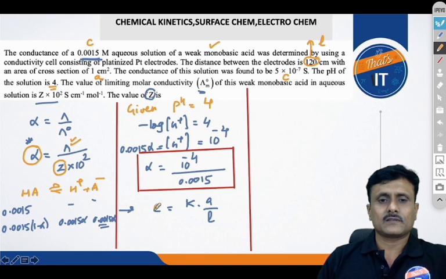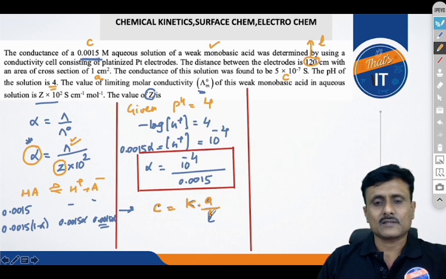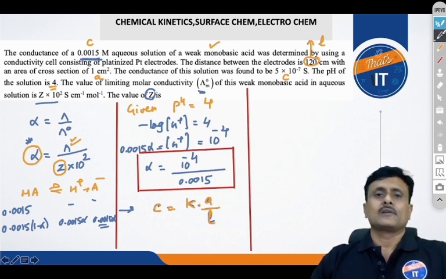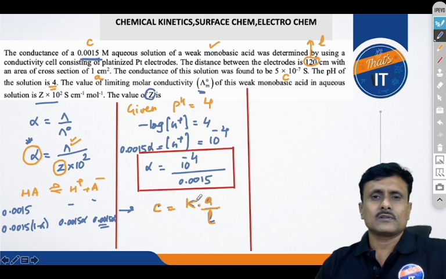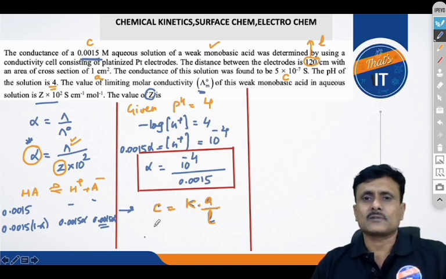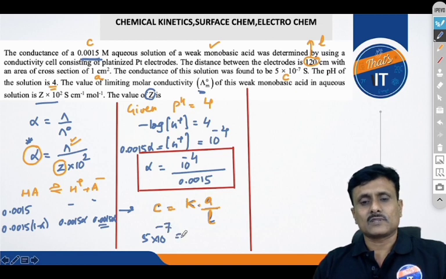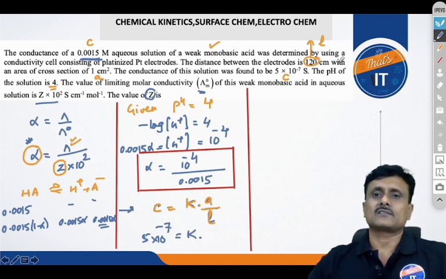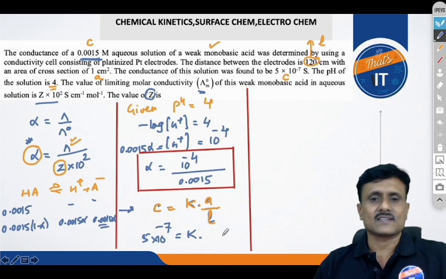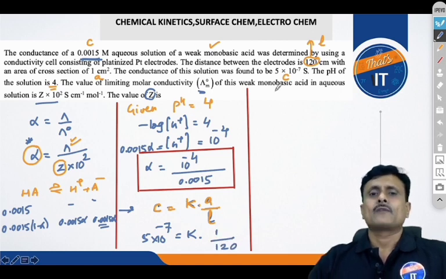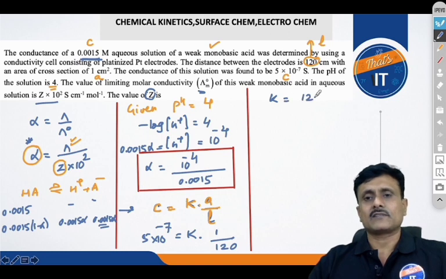Now C is equal to K into area of cross section by length of the medium. Now we know conductance value is given to us. The conductance value, where is it? Yeah, 5 into 10 power minus 7 equal to the conductivity, that is specific conductance, into A, the cross sectional area is given as 1, and the distance is 120. So you got the value of conductivity, 120 into 5 into 10 to the power minus 7.